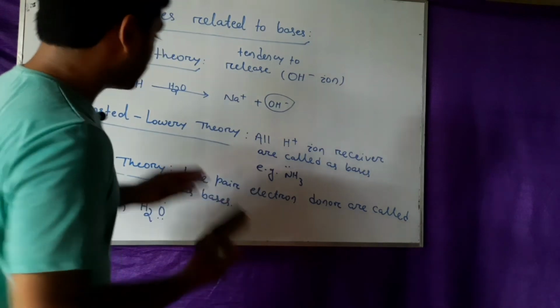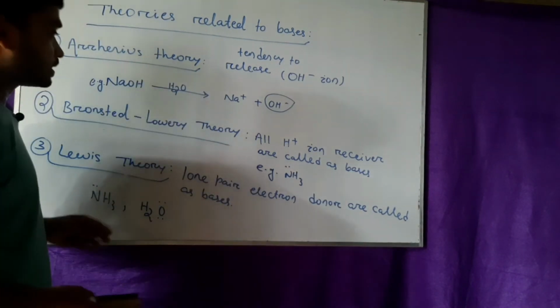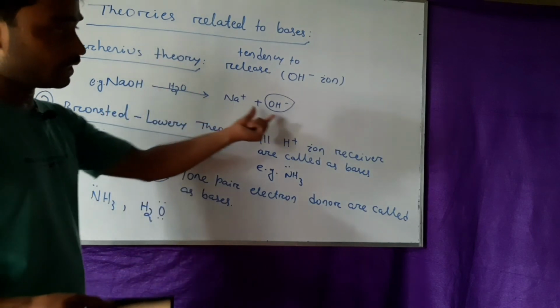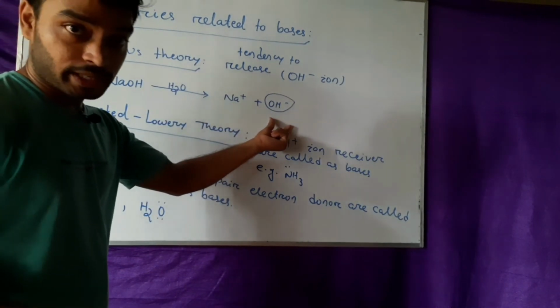Again I am repeating, what is the Arrhenius base? An Arrhenius base is a chemical which has a tendency to release hydroxide ion.